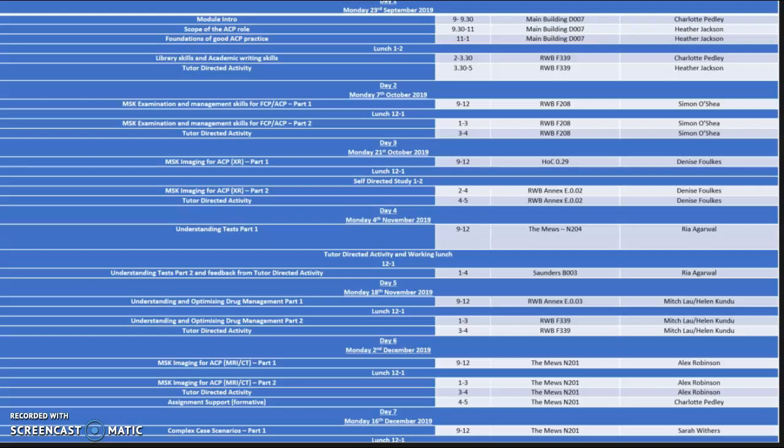So this is your timetable for the module. This has all your rooms on it and the lecturers that will be present for each one. You will also notice that I've saved the timetable onto the Blackboard site under module documents, so you can also access this from here.